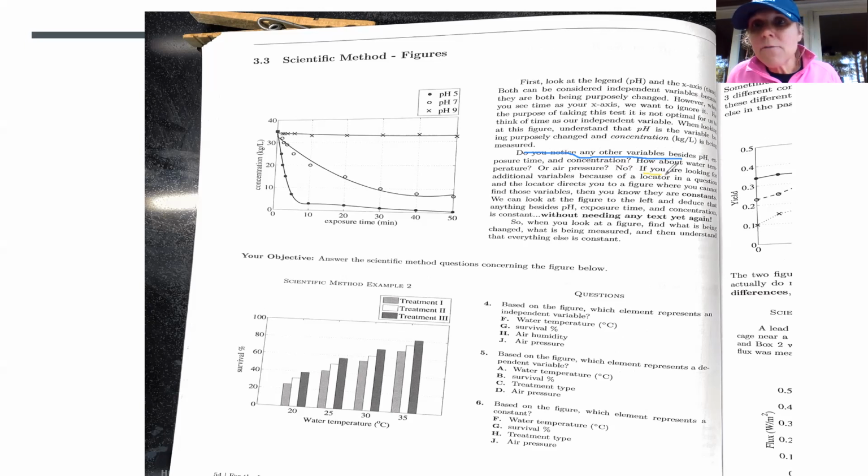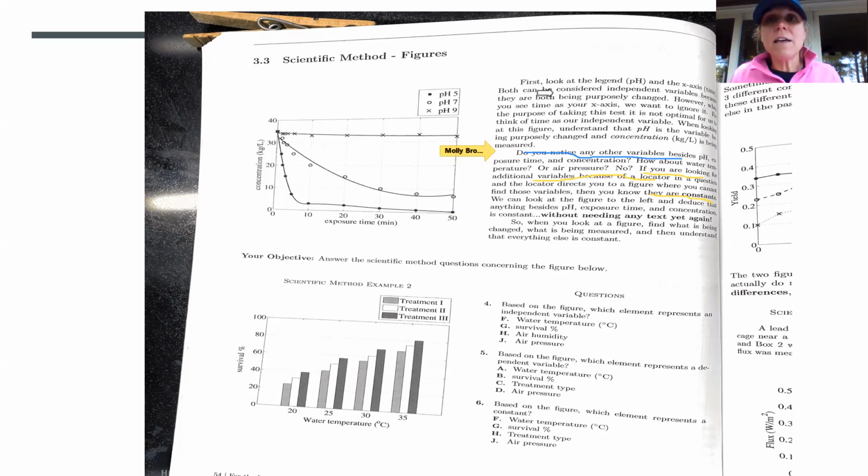If you are looking for additional variables because of the locator, and you can't find those variables, then you can assume that they are constants, okay? And you can do that without reading any text, okay? All right, so does everybody see that right there? I would highlight all this, okay?